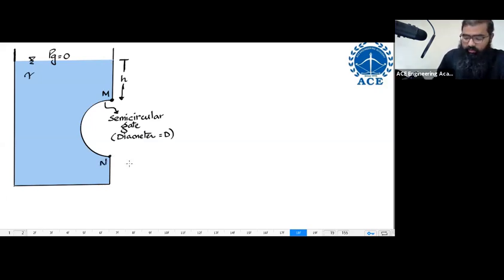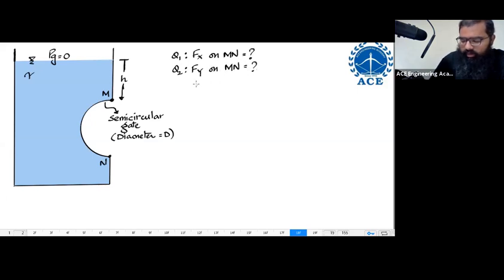The question asked is, question number one, Fx on mn equal to how much? Question number two, Fy on mn equal to how much?